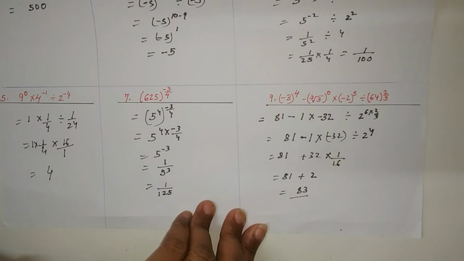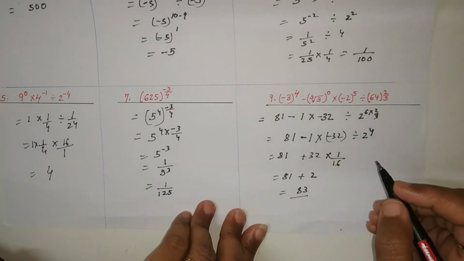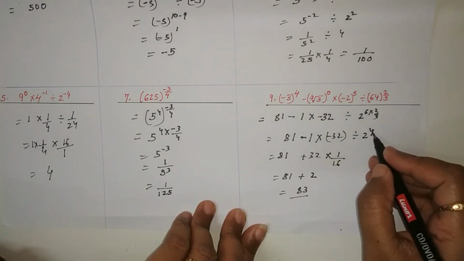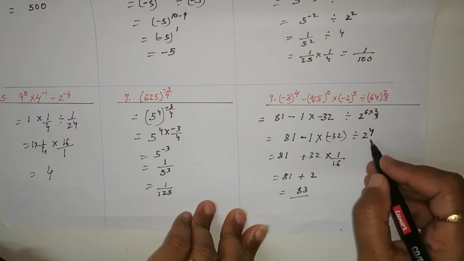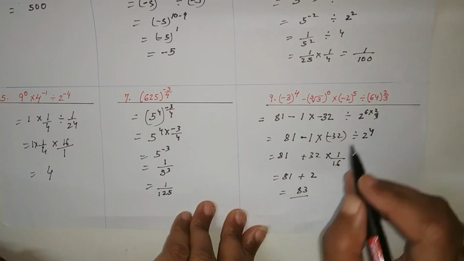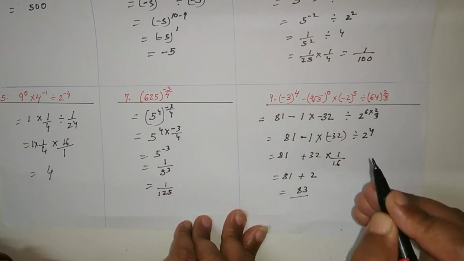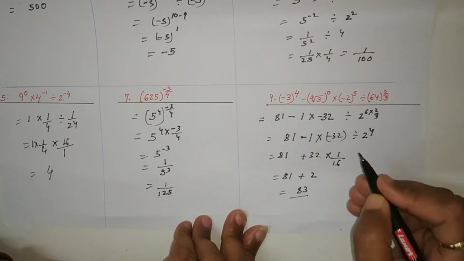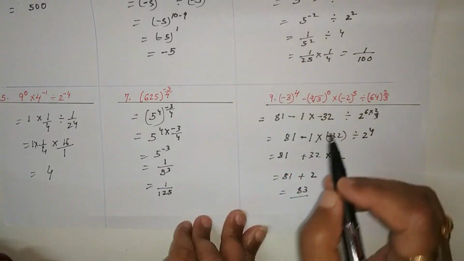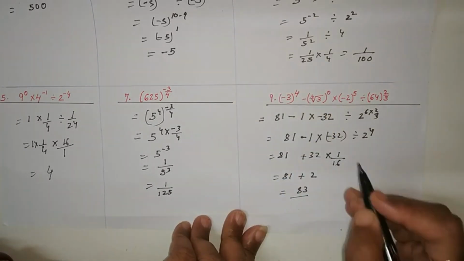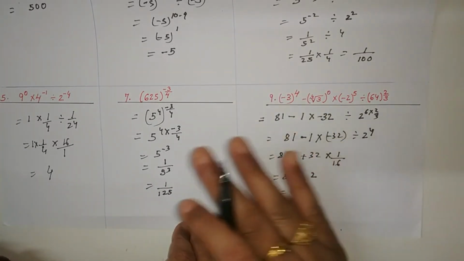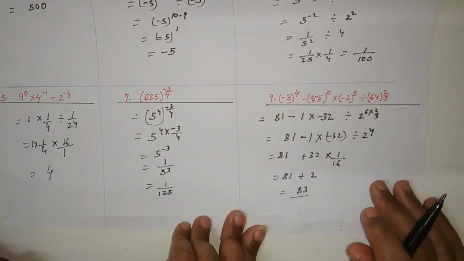So I have skipped one step, and you all don't do it, because 2 to the power 4, I have written it directly because, as I told you, natural numbers 1 to 20, all the squares and cubes should be learnt before you start solving the exercise for exponents. Let me repeat, children, please learn all the rules that were shown.